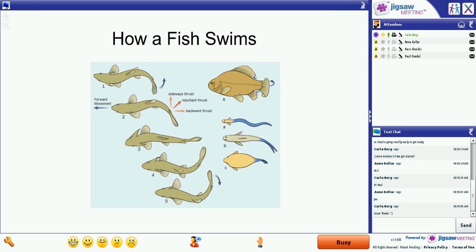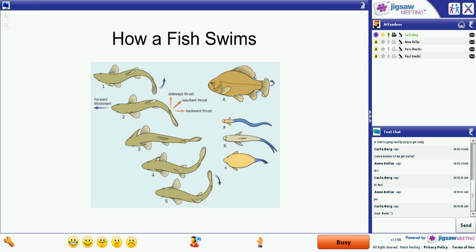In step 2, it begins to move forward, and it's thrusting against the water to one side or the other. In step 3, it's almost in a straight line. In step 4, the tail goes in the other direction. And in step 5, it's beginning to come back towards the bottom of your screen. And in order for a fish to swim, it constantly makes the same movement through the water.